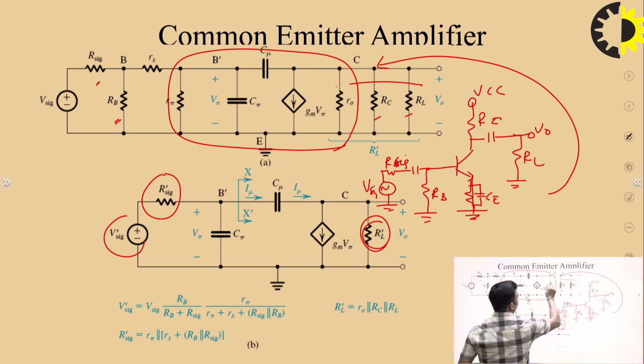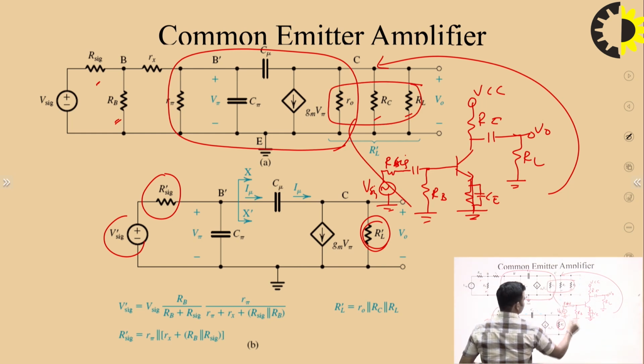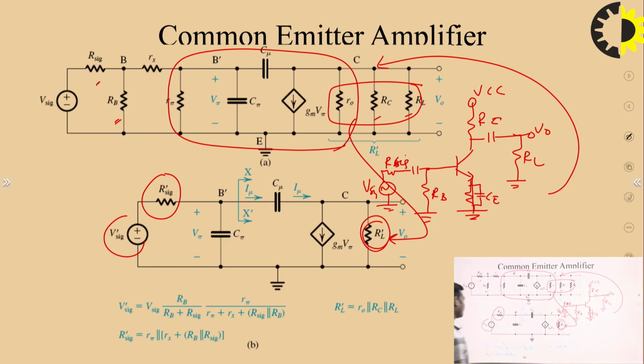The parallel combination of these three is represented by RL dash, and this R dash signal is equal to R pi in parallel with Rx plus RB in parallel with R signal.